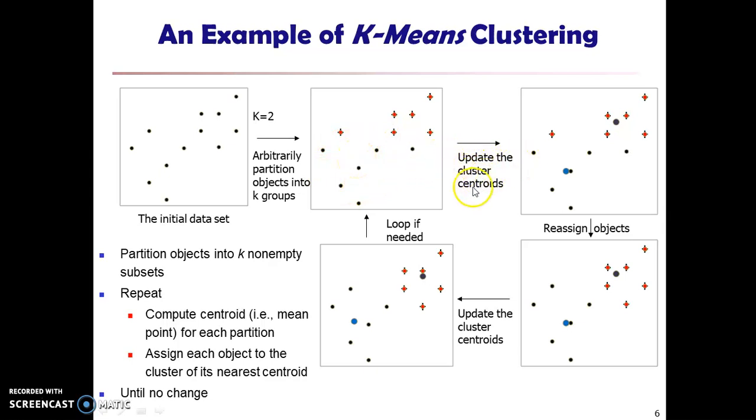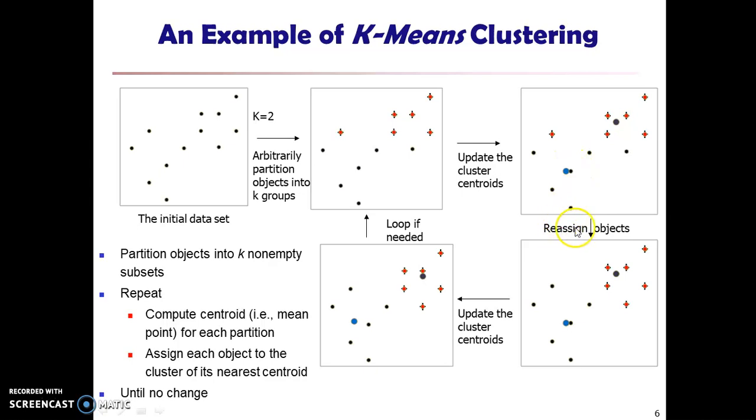Then update the cluster centroid. Now we will try to identify the centroid. Centroid is nothing but the center of the cluster. Okay. So here we identified one of the data points will act as a centroid. Okay. Here for this group we will have one data point that will act as a centroid.